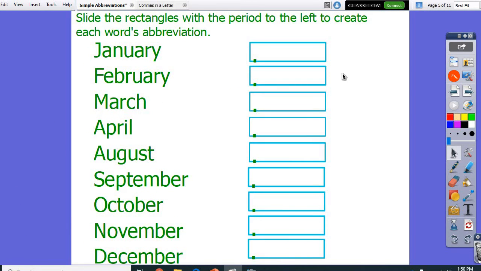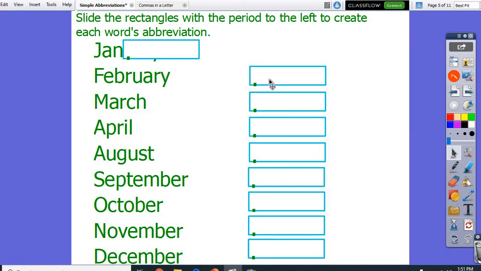Alright, and then we could also abbreviate the months. These are months, and we can abbreviate the names of those too so that we don't have to write those big long names of months. So does anybody remember what January would be abbreviated like? Very good. Just Jan.